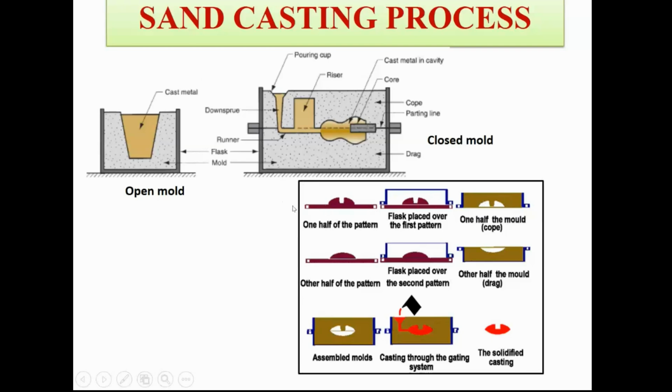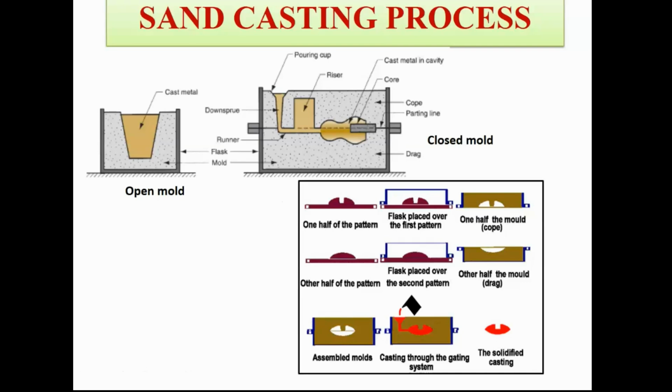So first of all, you take one half of the pattern. This pattern has the same shape and size as the part to be casted. You know that your part is going to suffer from solidification shrinkage, and the part should be easily withdrawn, and should have certain allowances to compensate for the solidification shrinkage.